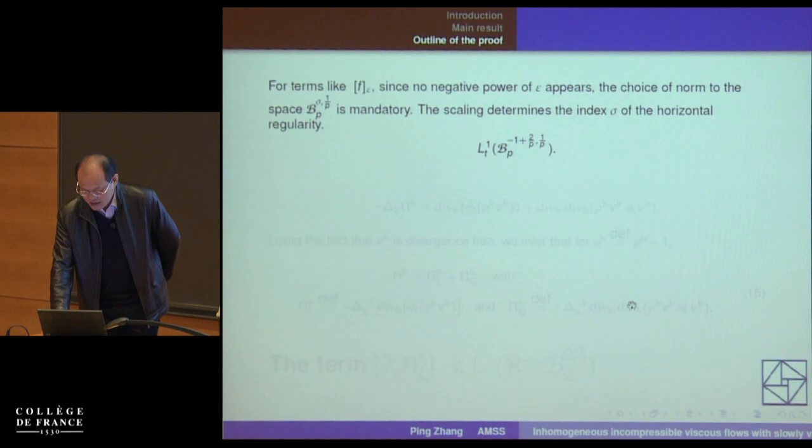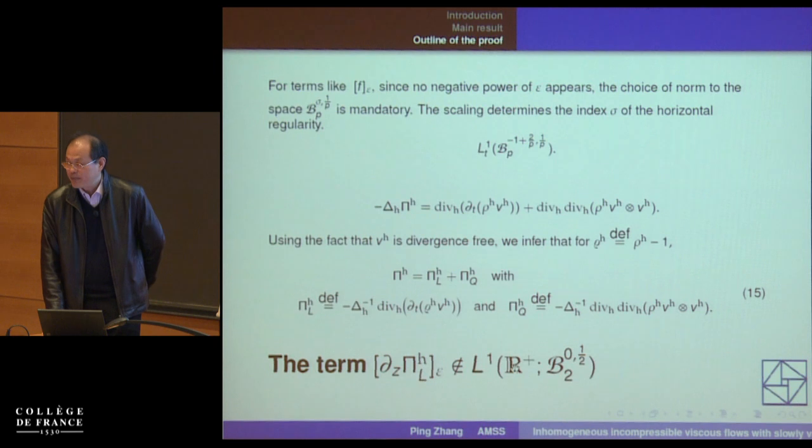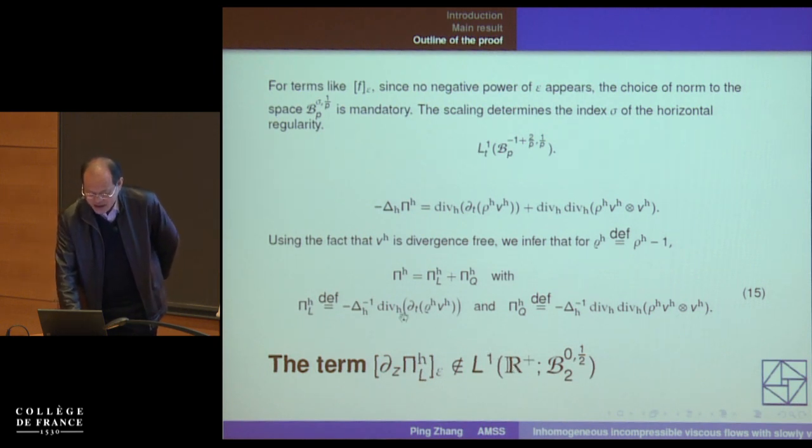It turns out it's not so difficult to prove that partial_z of pi_Qh belongs to this space L1(R+; B^0_{1,1/2}). But the difficulty lies in this term.